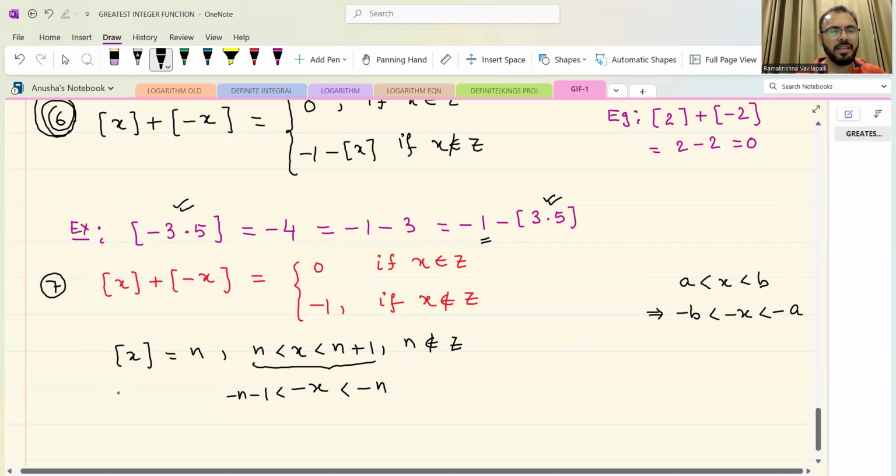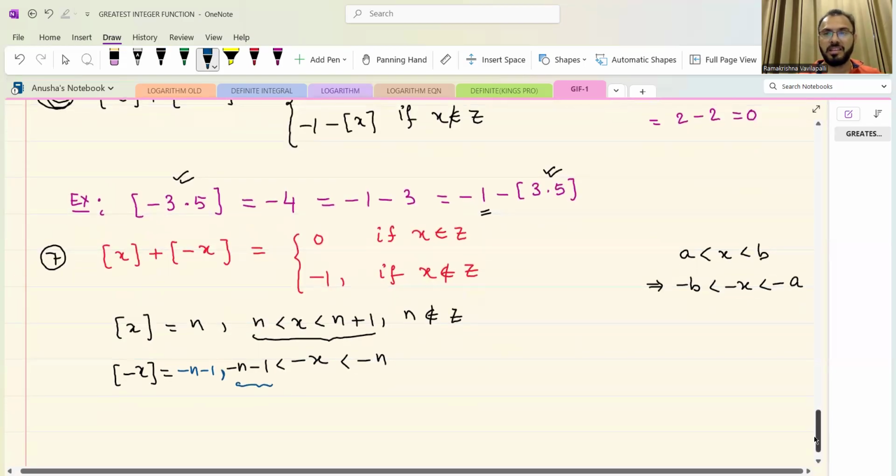So what is integral part of minus x? As I said, you always consider only the left one. So minus n minus 1. Very simple. It's not at all difficult. Now add together.